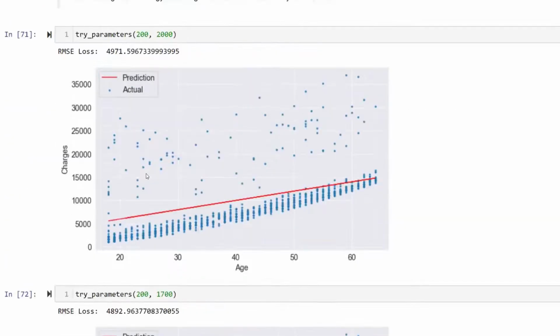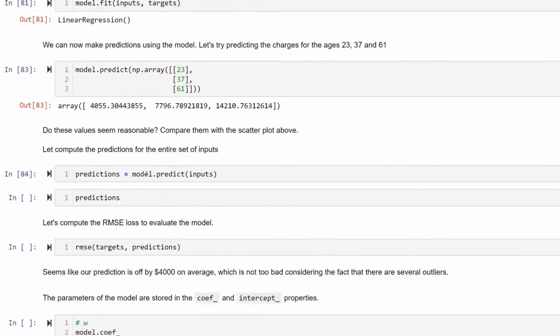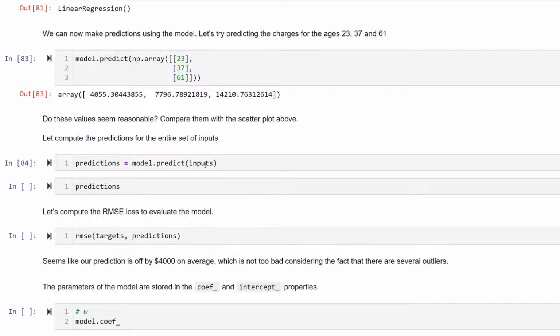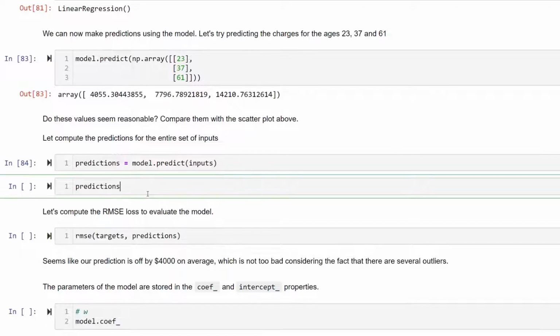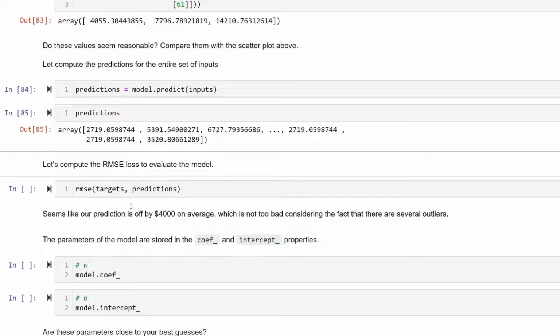We have got a root mean square error. Are this model's predicted values better than our previous one or not? Let me check in predictions. Okay, let's compute the root mean square loss to evaluate our model.